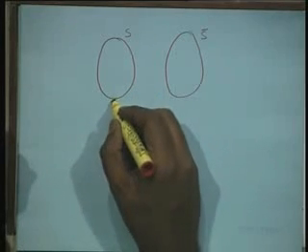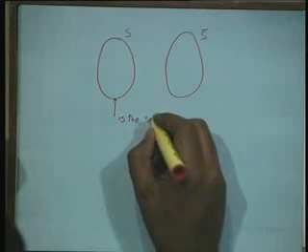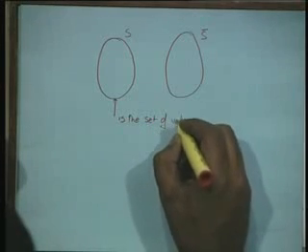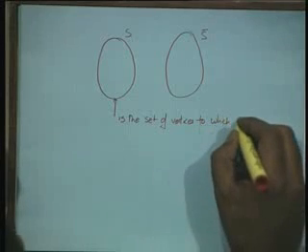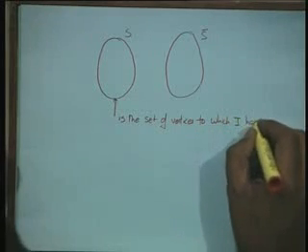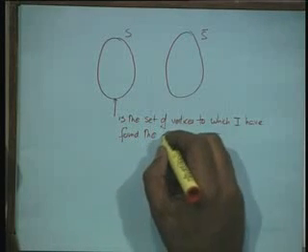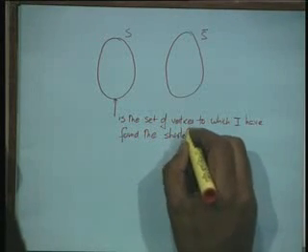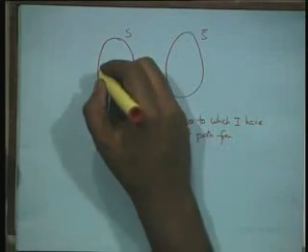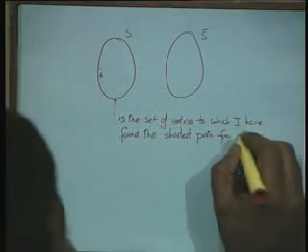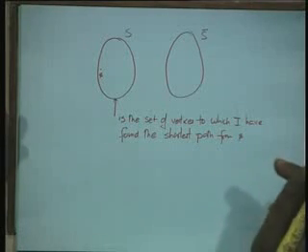This set is the set of vertices to which I have found the shortest path from little s.